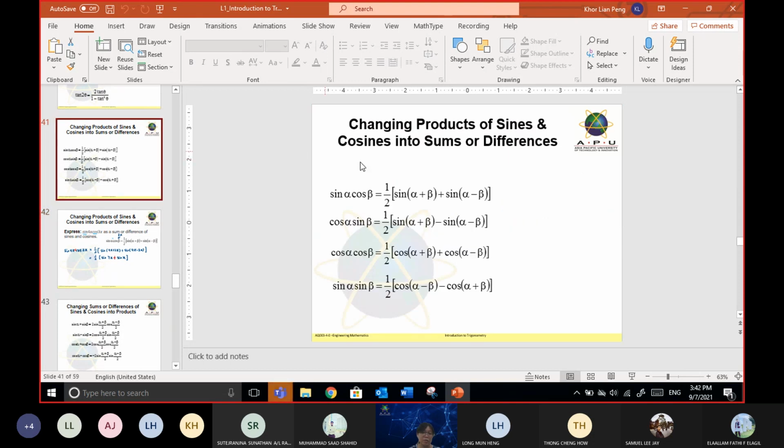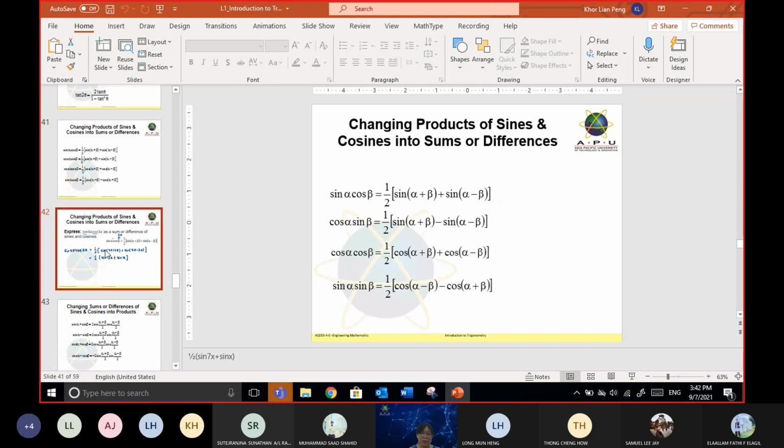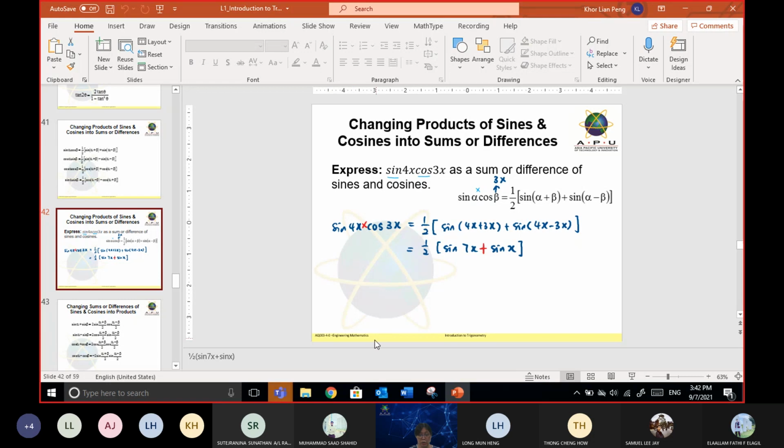Can you see this is a formula for how we change the product of sines and cosines into sum or differences? So this is the one, and I have discussed this. It's about this question, and we have discussed similar questions in the tutorial.